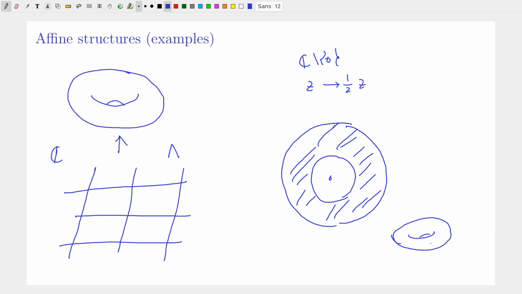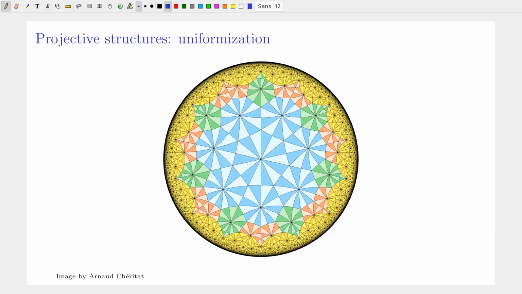Okay, so let me now give some examples of projective structures on curves. The most classical one is the uniformization. You know that if you take, say, the Poincaré disk model of hyperbolic space, you can endow some curves with a structure by taking the quotient of your hyperbolic plane under some group of hyperbolic isometries of the plane.